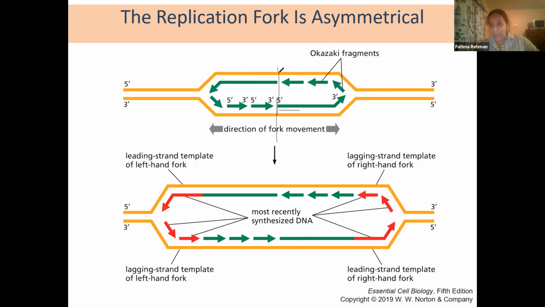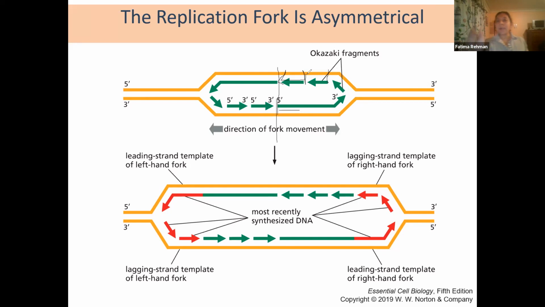So it had to wait for the origin of replication to open enough so that it could start building its first strand. And it would have done so until it reached another strand and fell off. In the meantime, another little portion would have occurred. So then the polymerase would bind further back and continue, and further back and continue.